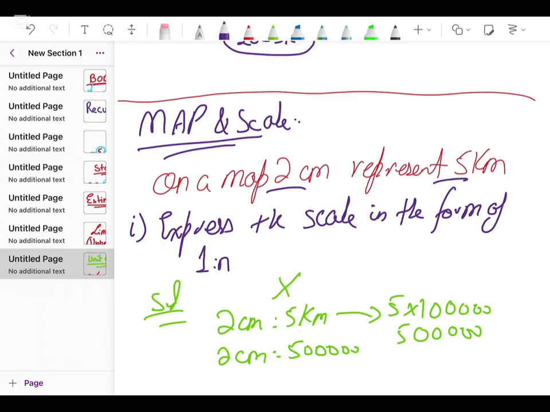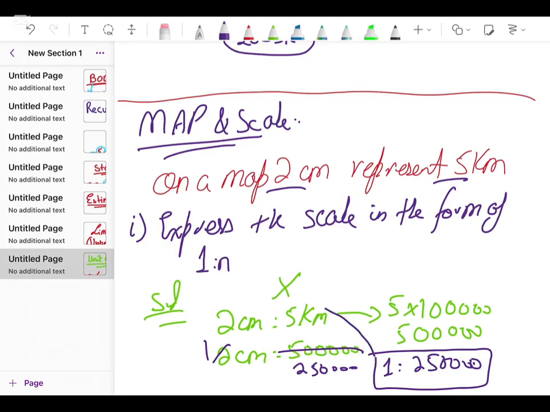So now we will cancel out 2 ones and 2 25. So this will be our final answer, 1:250,000. So this is the requirement of the question, 1:n. So I hope everything is clear.